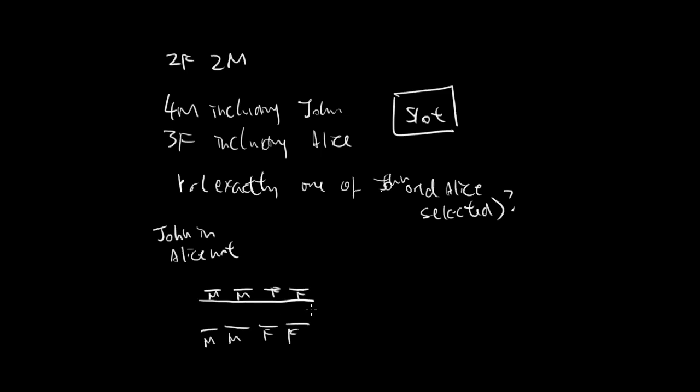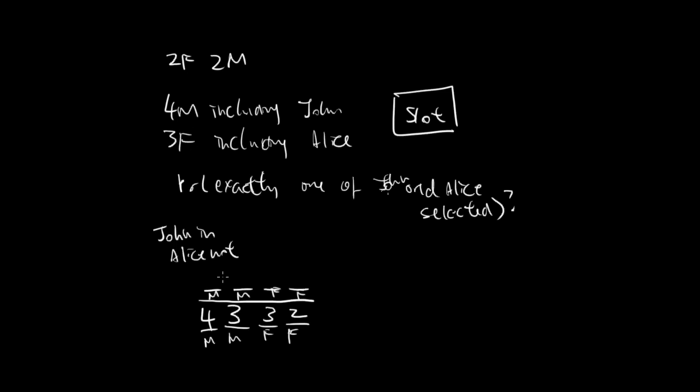So let's start out with the sample space here. The sample space is going to be, for the male roles, 4 that can fit in the first male slot, and then 3, and then 3 and 2. For the top, you have John having to be in it.